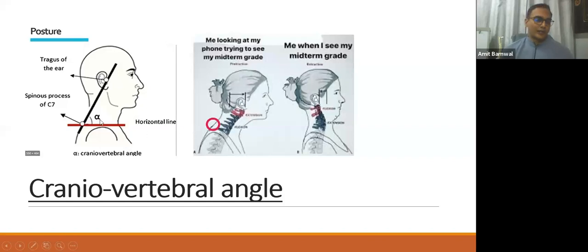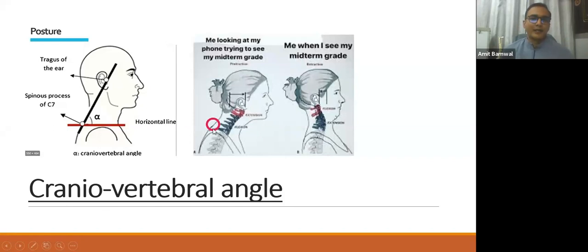Nowadays we are getting addicted to mobile phones. Either in a sitting position, we have a stooped posture all the time, or in bed, taking 2-3 pillows, we have a stooped, sway-back posture. So in both cases, the craniovertebral angle is getting changed or disturbed.